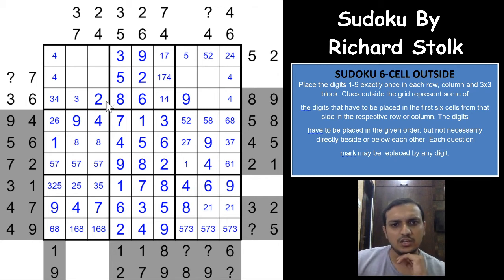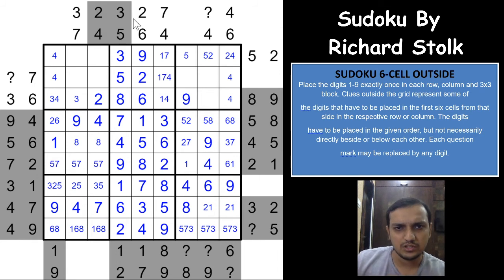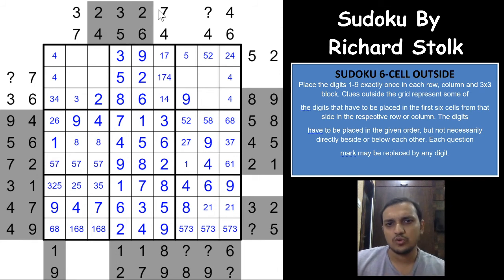Something with the 2 and 4 is done, 3 5 is done, 2 and 6 is done, 7 and 4. This 4 is done. 4 will have to be in one of these three cells.